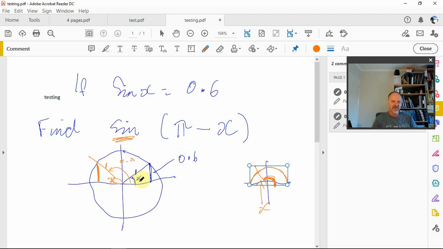That angle and that angle there are exactly the same, so even though my drawing doesn't show it, this side length and this side length must also be the same. So the sine of pi minus x is 0.6.